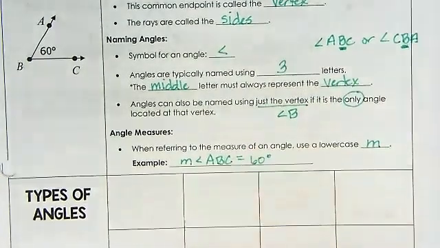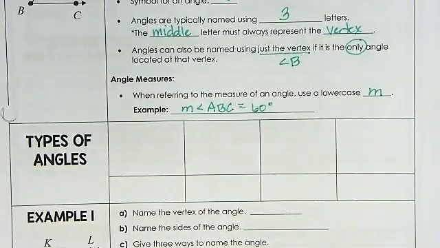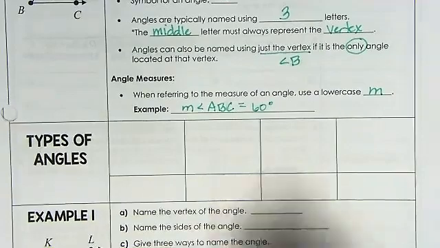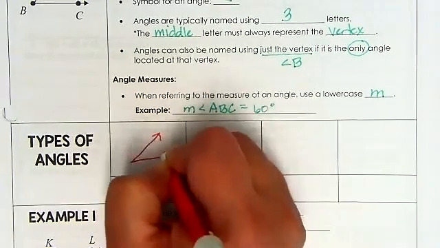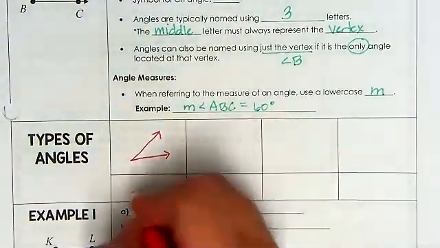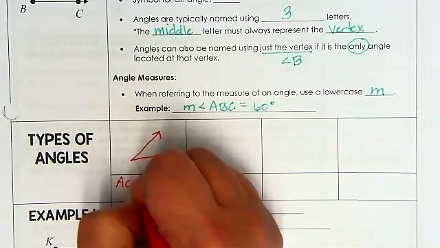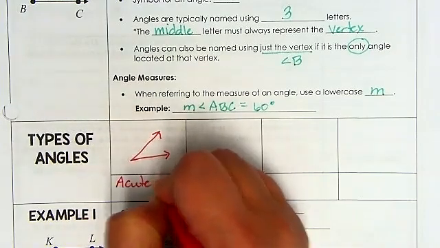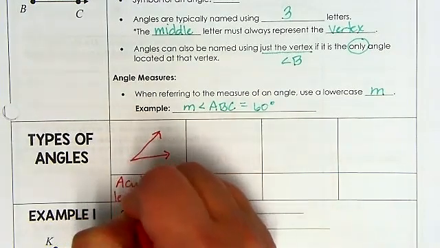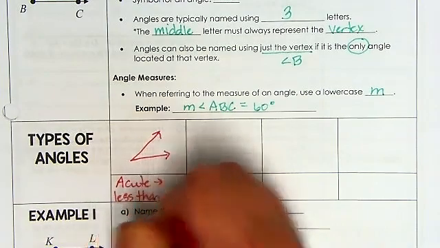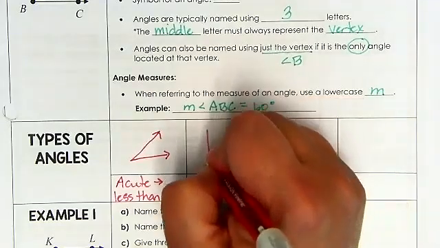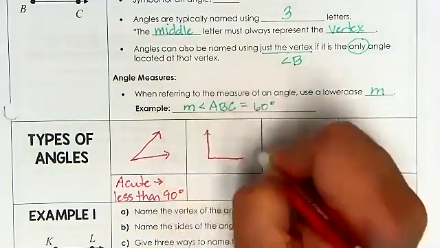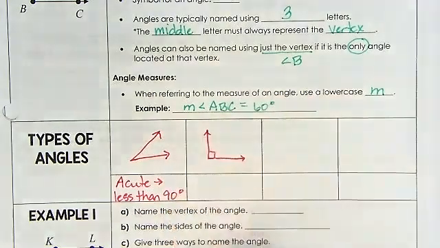Okay. Now we're going to talk about the types of angles. So we have an acute angle, which means if it's acute, it is less than 90 degrees. If it is a right angle, it's normally going to have this little box symbol.